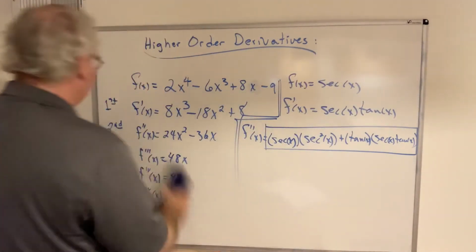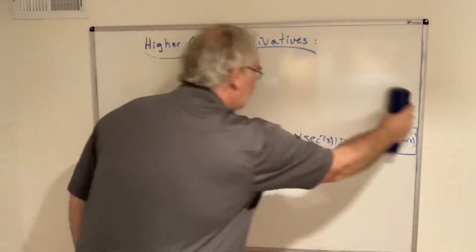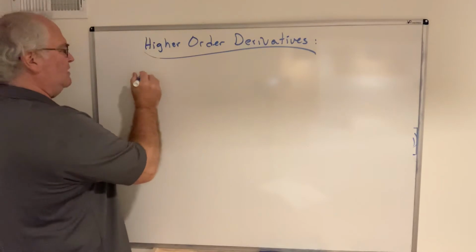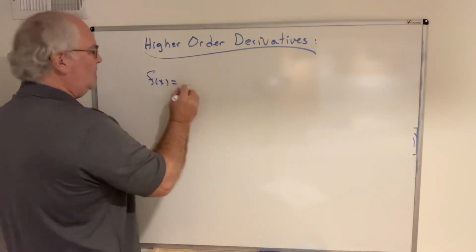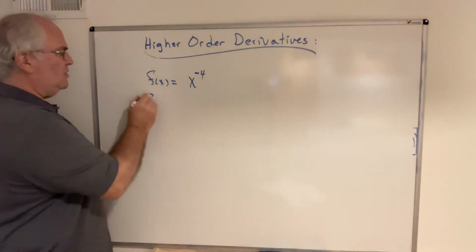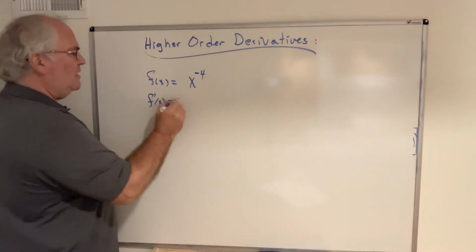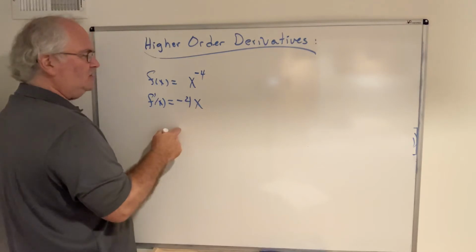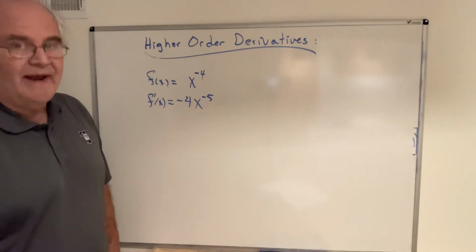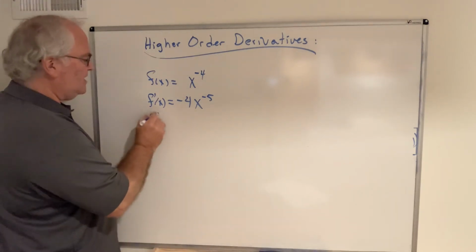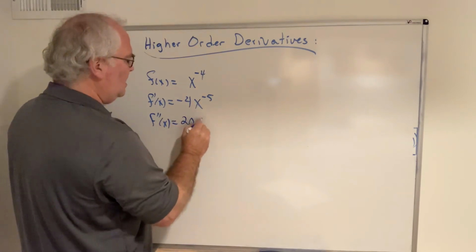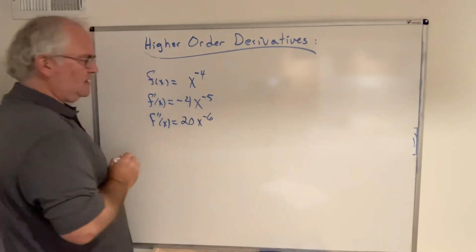Other scenarios where this occurs. Other examples of second derivative, and it can be a very simple little function. F of x is, suppose I take x to the negative 4. What's the derivative of that? That's negative 4x to the how much? Well, it's going to be negative 4 minus 1 is negative 5, not negative 3, negative 5. And then we can take the second derivative, which is positive 20x now to the negative 6.